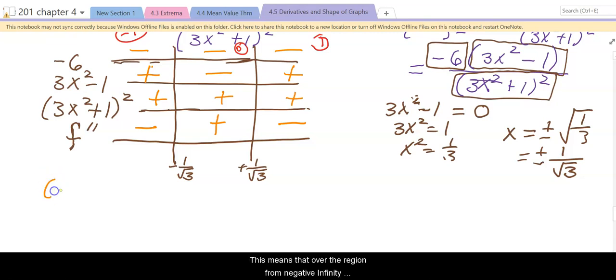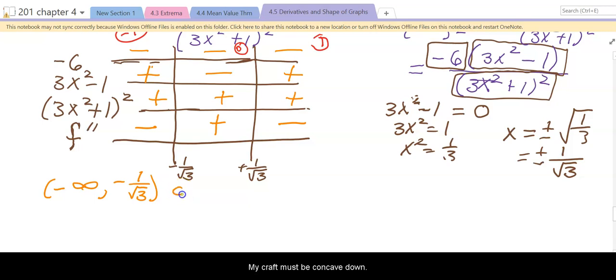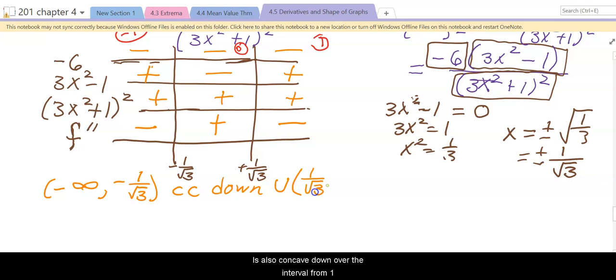This means that over the region from -infinity to -1 divided by the square root of 3, my graph must be concave down. We typically will abbreviate concave with CC. That means it is concave down over that interval. It's also concave down over the interval from 1 over the square root of 3 to infinity.